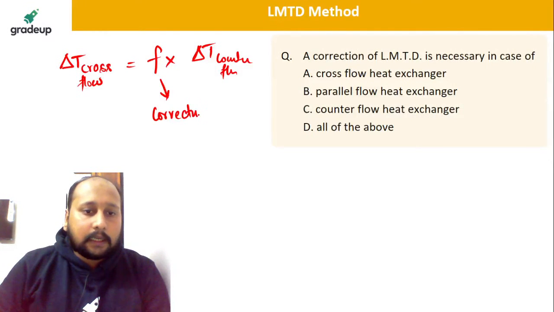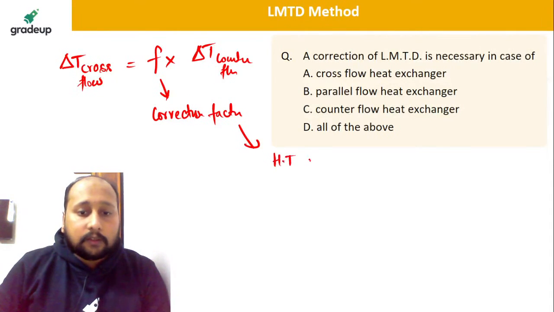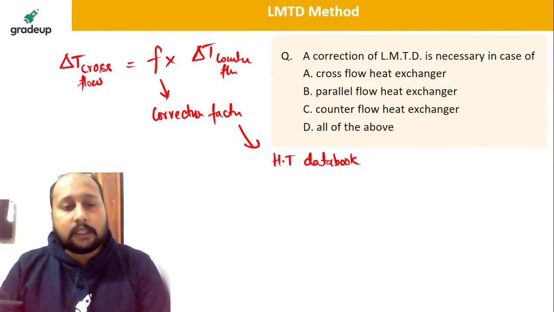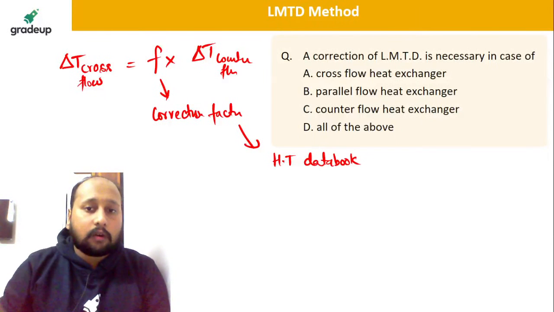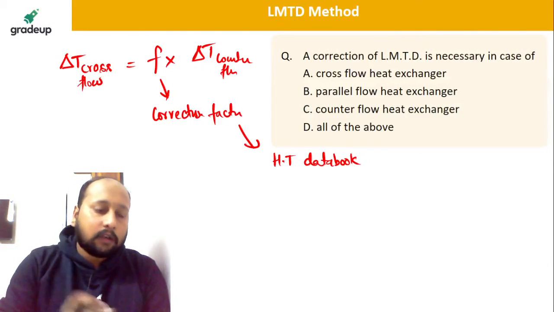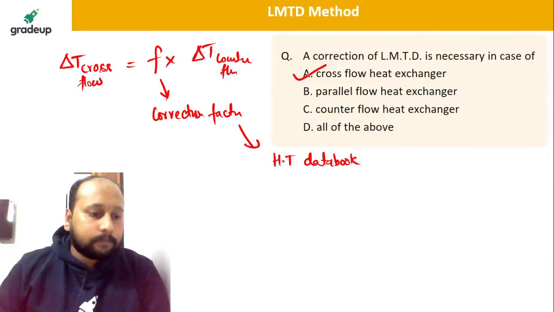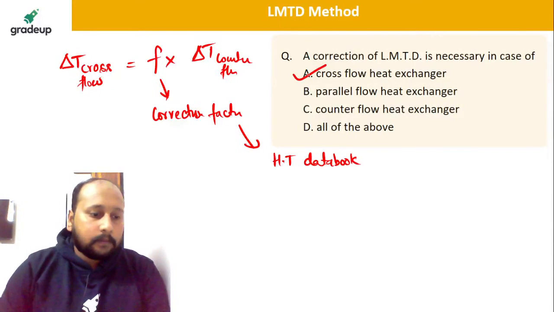This is nothing but the correction factor. And this way you are getting from the heat transfer data book. We are having standard data like for a particular counter flow heat exchanger, for a particular combination of atmospheric pressure and temperatures, we are getting the cross flow. Fine. So option A, very good, Maurya. Correct answer.